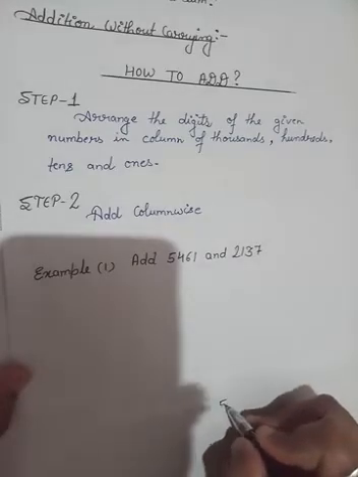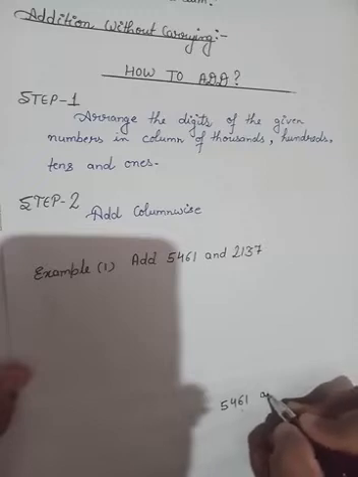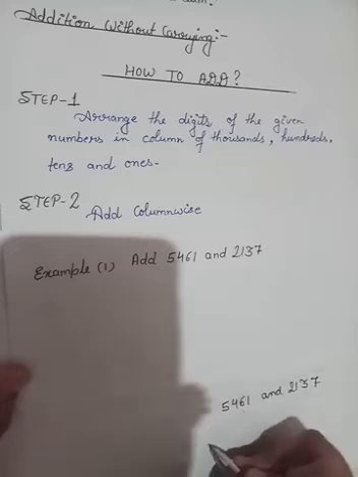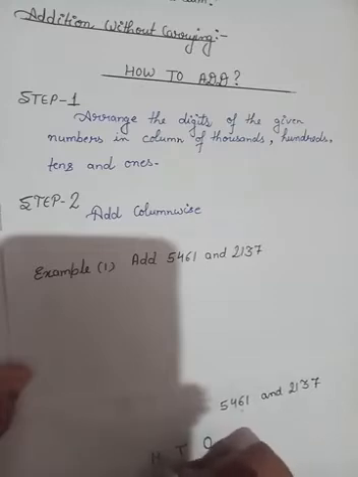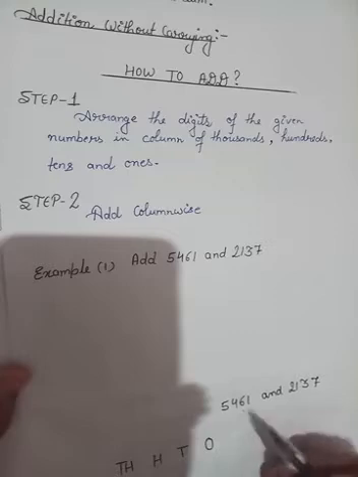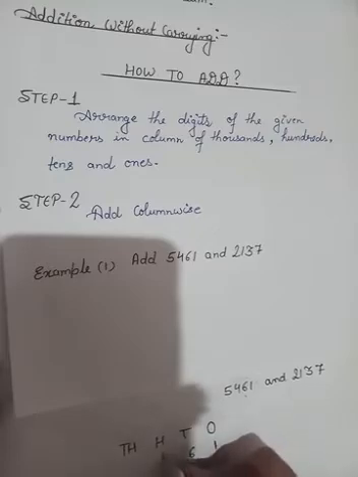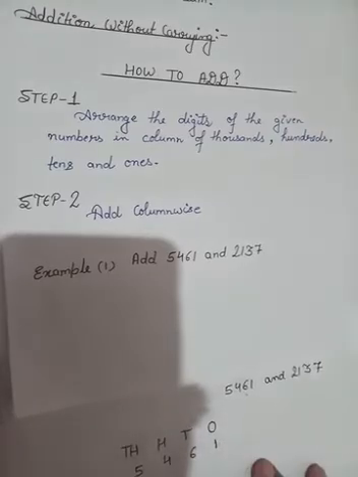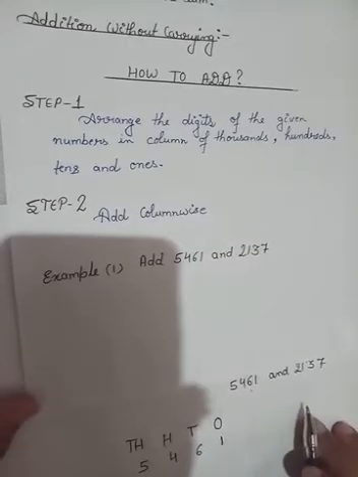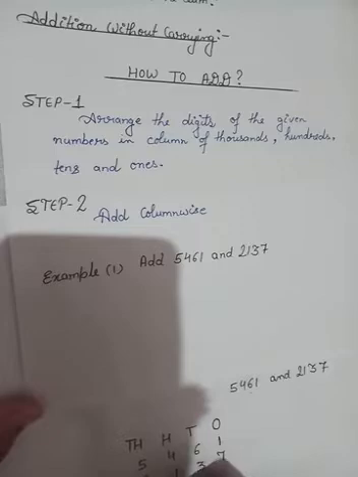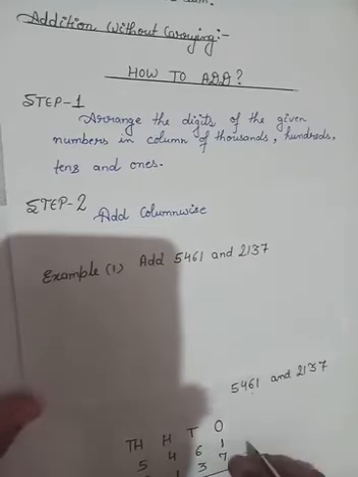We will always start from the place of ones, tens, hundred, thousand, like 1, 6, 4, 5. We will follow the same step in the other number, 7, 3, 1, 2. And we will apply the sign of plus.